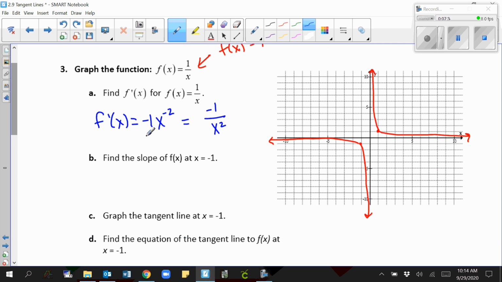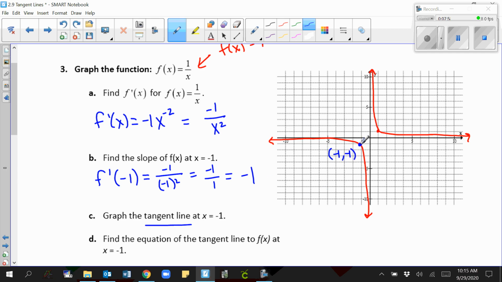So to find the slope at x equals negative 1, I'm taking my derivative at negative 1. So that's negative 1 over negative 1 squared. So negative 1 over a positive 1, which just gives me negative 1. And we're looking at this point right here, negative 1. So that means our point is negative 1, negative 1. And my slope is negative 1.